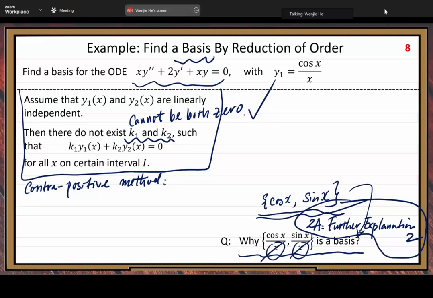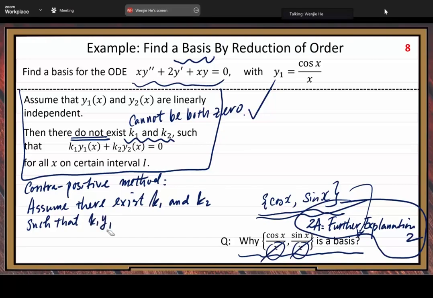So assume there exist k1 and k2 such that k1 y1, let's just use cosine of x, plus k2 sine of x equals 0 on a certain interval I.